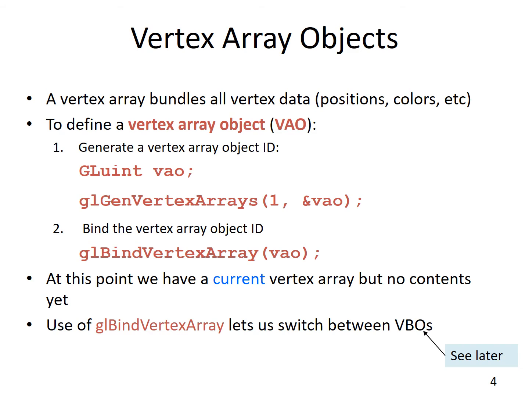At this point we have a current vertex array but no contents. Using glBindVertexArray to switch between different VBOs, we don't need to worry about this if the scene that we want to render is simple.